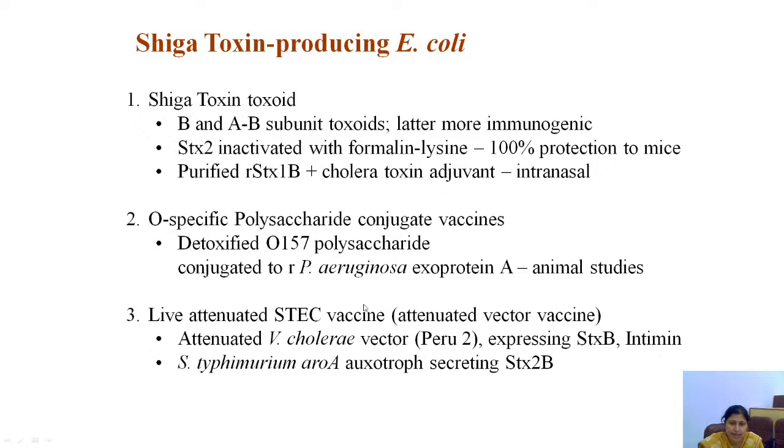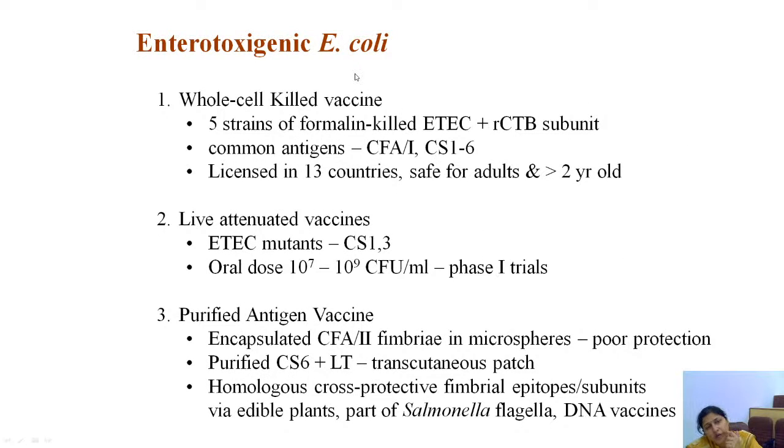The STEC strains were used as a live attenuated vector vaccine, and attenuated Vibrio cholerae vector Peru-2 strains having the StxB and the intimin are also targeted. Okay, so these are the various methods by which the Shiga toxin vaccines are produced.